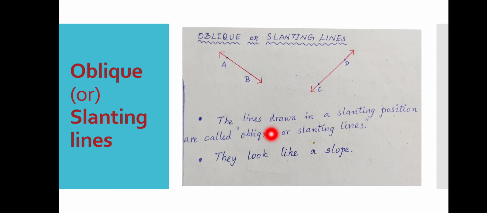They are in slanting position, so they are called oblique lines or slanting lines. They look like a slope. Real life example is slide. You know very well, you like to play in a slide, right? In a play area, you always like to play on a slide, I know. So that is the example for slanting line.